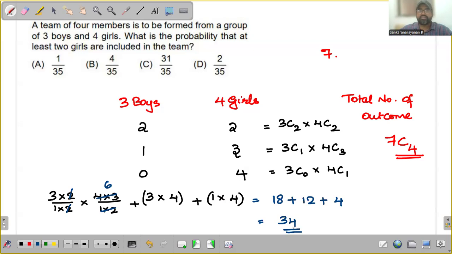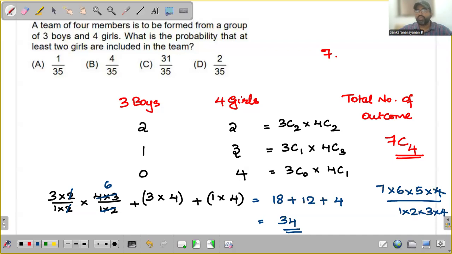But probability wise, you're asked to find the total number of favorable outcomes divided by total number of outcomes. So what is 7C4? 7C4 is 7 into 6 into 5 into 4 by 1 into 2 into 3 into 4.